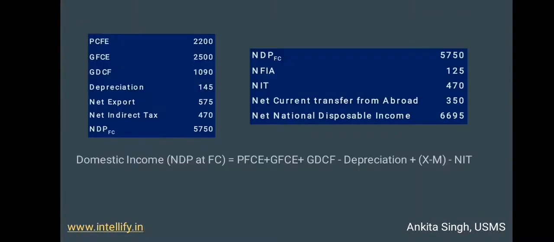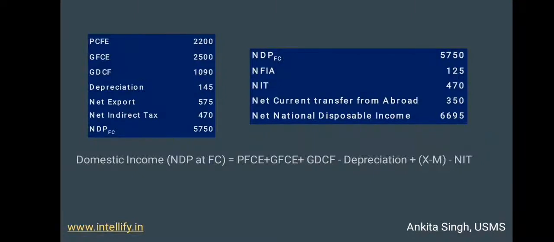Now first we will find out the domestic income, NDP at FC, the formula for which is PFCE, that is private final consumption expenditure, plus GFCE, that is government final consumption expenditure, plus gross domestic capital formation minus depreciation, plus net exports minus net indirect taxes.